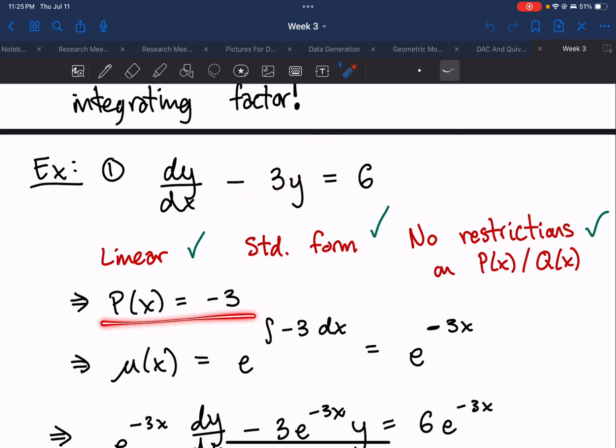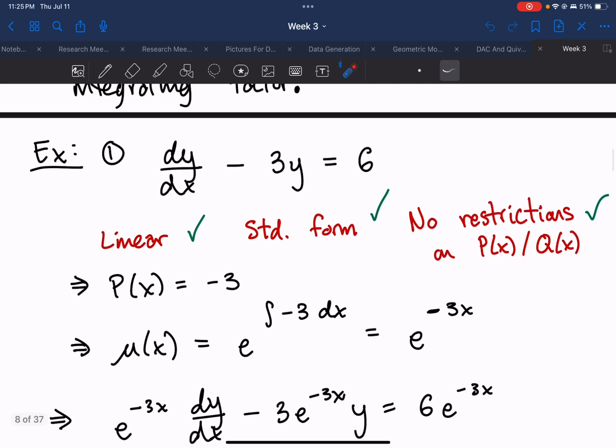Since p(x) equals -3, I know, because I did all that work in general for a general p, that in this specific example, mu is e raised to the integral of -3 dx.